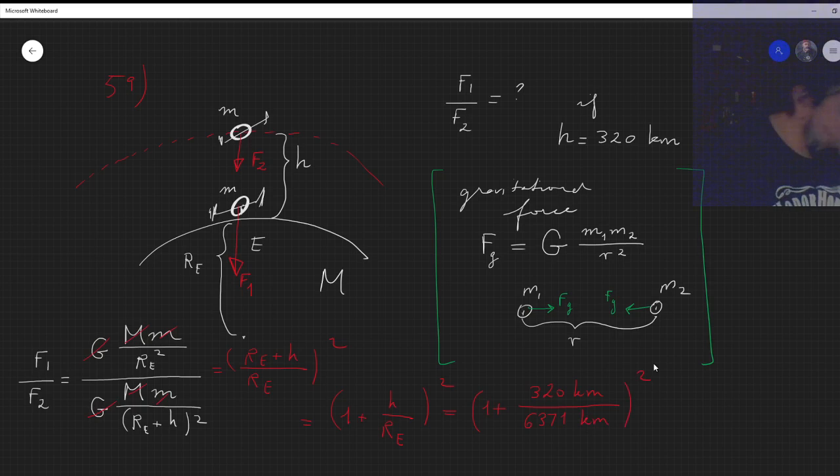How do I check it? I check the book. Somewhere in the book, we should have the radius of Earth. Earth is not a perfect sphere, so they either have the radius at the equator, or they have an average number, which should be fine for our purposes here. So let's check the appendix.